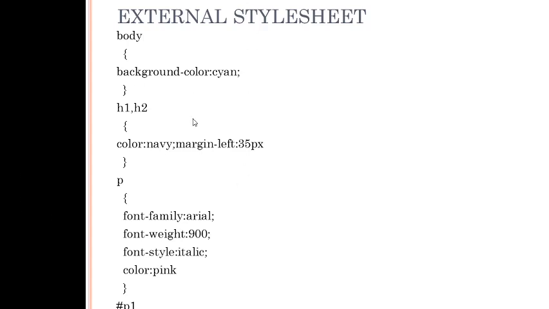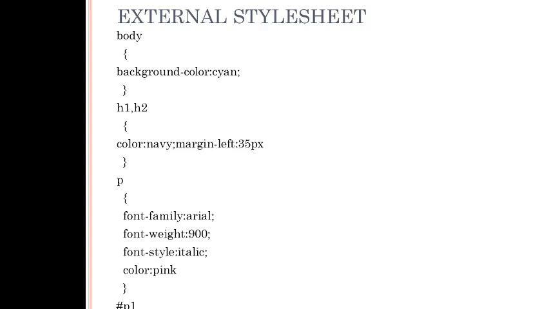In external style sheet, we are creating a separate CSS file, a cascading style sheet. The CSS file does not contain any HTML tag. We will save this file separately, and then we can attach it to the HTML file.